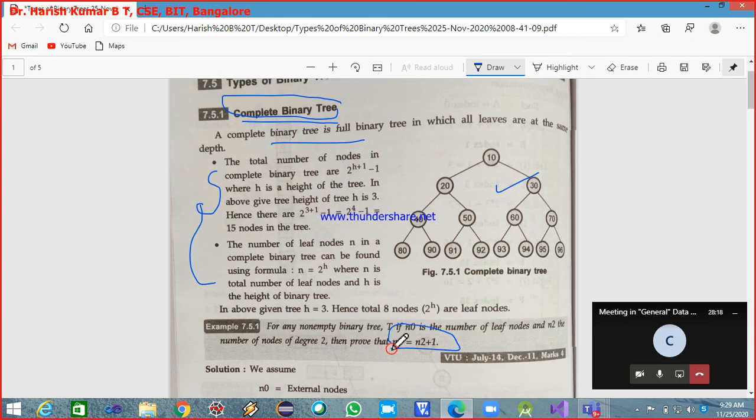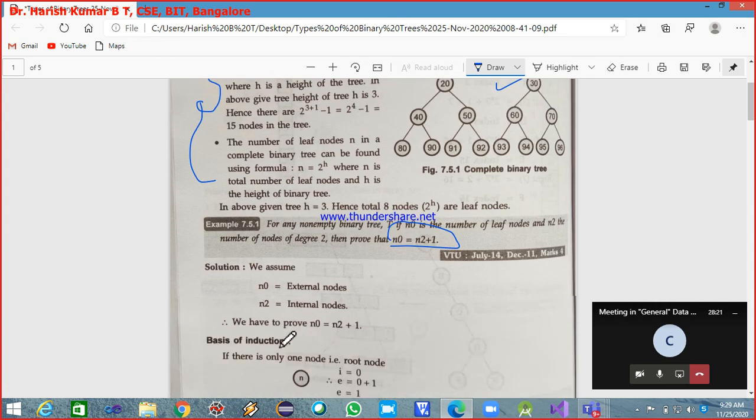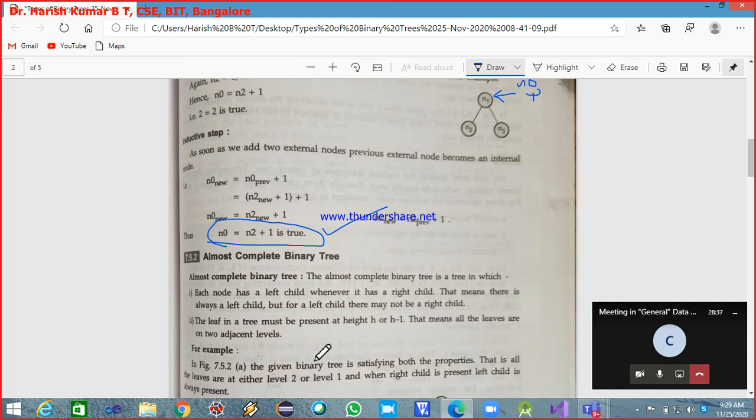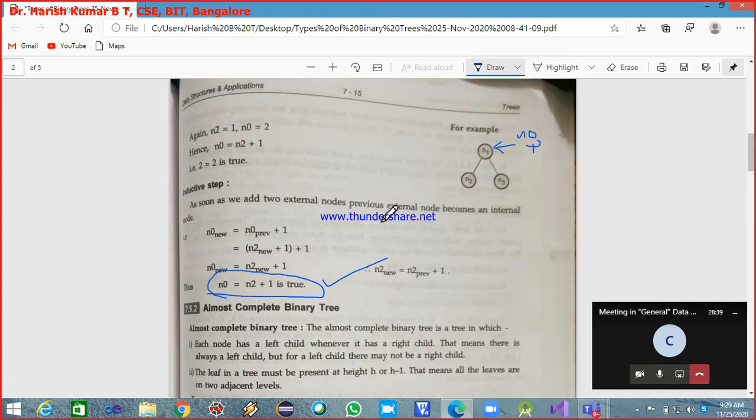Try to prove it by starting with N0 equal to 1 node, only the root node, and then take N0 equal to 2 and N2 equal to 1, and go on proving it generally as shown here.